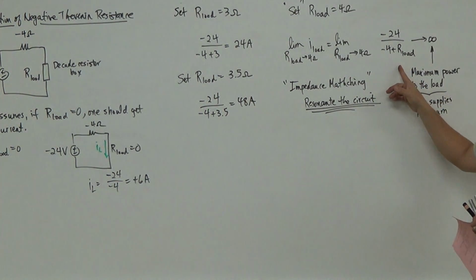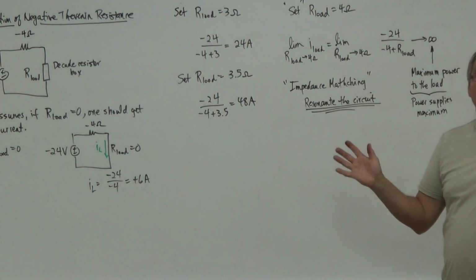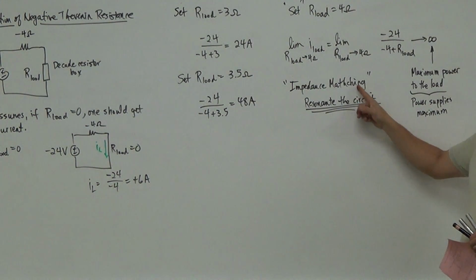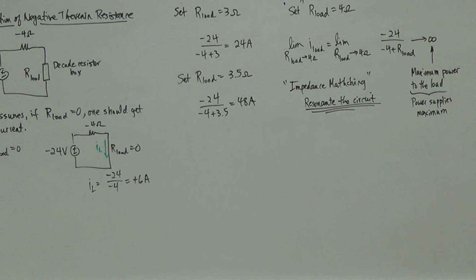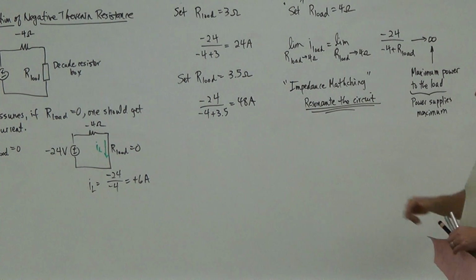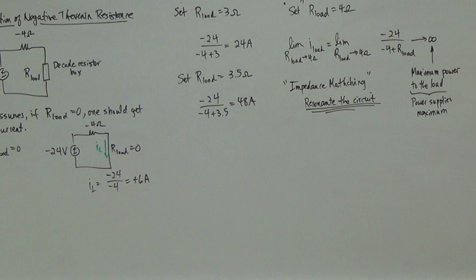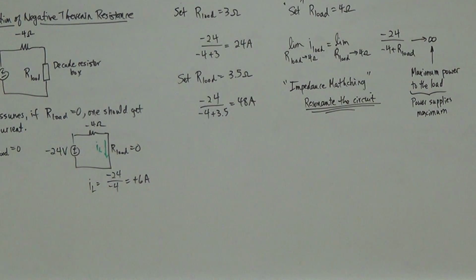And then as soon as you get to 4, PSPICE says, error, you can't do it. And it's because of this reasoning right here. And this impedance matching really has more power in AC circuits than DC circuits, but this is effectively a residue of that. Okay, so let's do the last circuit, and let's talk a little bit about maximum power.